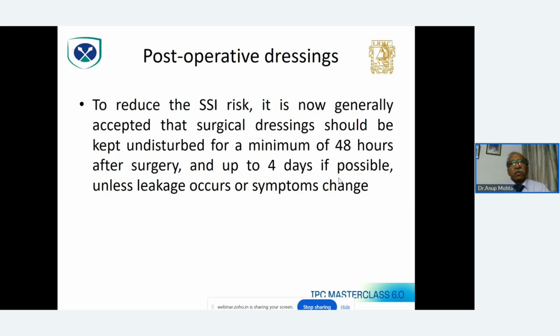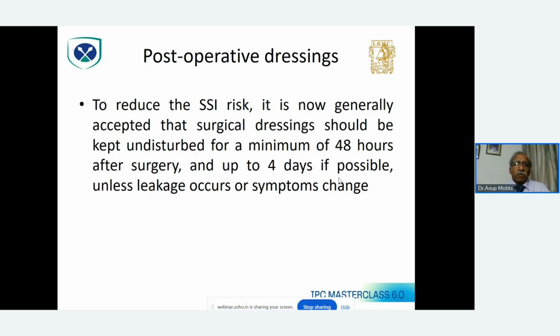Now coming to the Cochrane review we mentioned earlier, which said dressing versus no dressing, or special dressings, have not been shown to reduce SSI, but still we do use dressings.